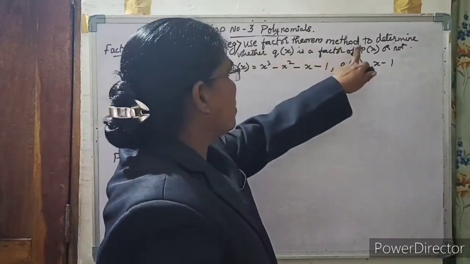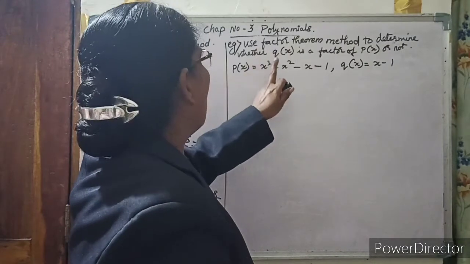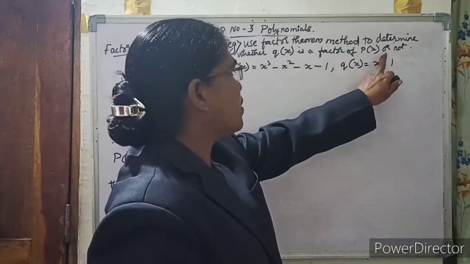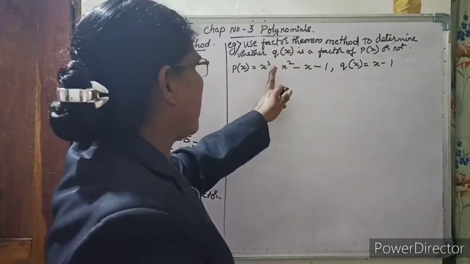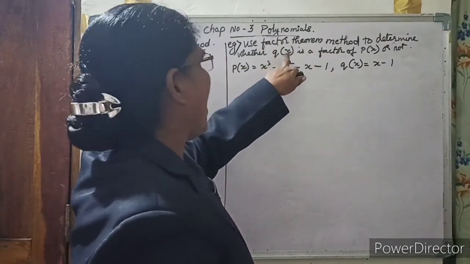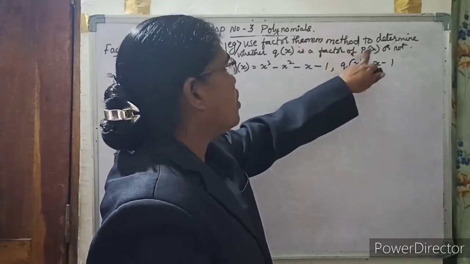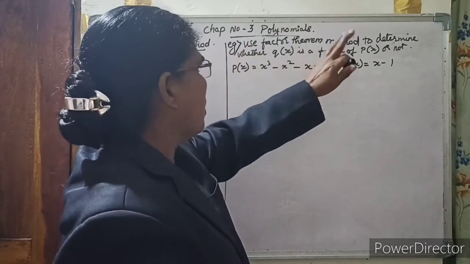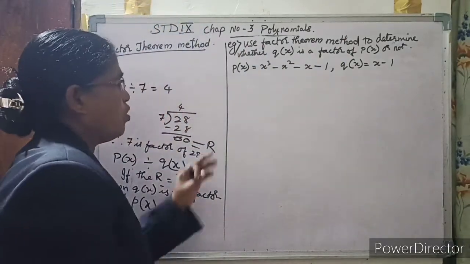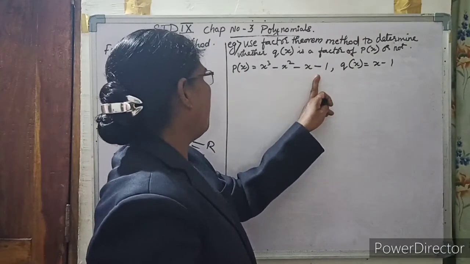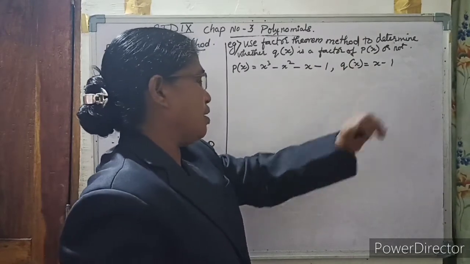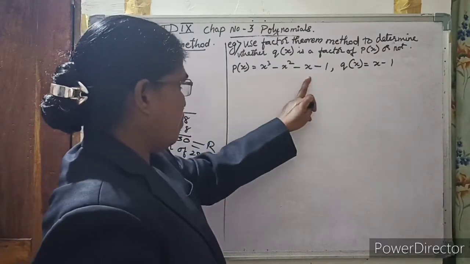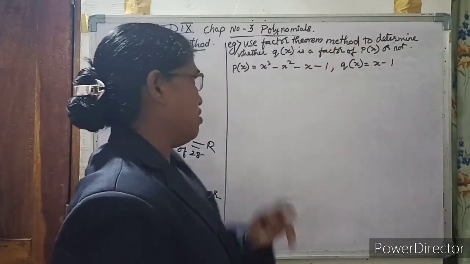Use the factor theorem method to determine whether polynomial q(x) is a factor of polynomial p(x) or not. Whether polynomial q(x) is a factor of polynomial p(x) or not, we have to find out, using the factor theorem method. Here we have polynomial p(x) and polynomial q(x). Polynomial p(x) is the dividend and polynomial q(x) is the divisor.